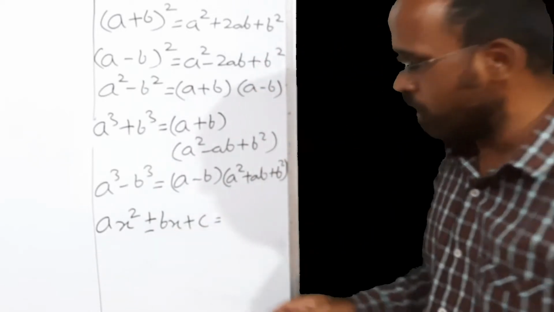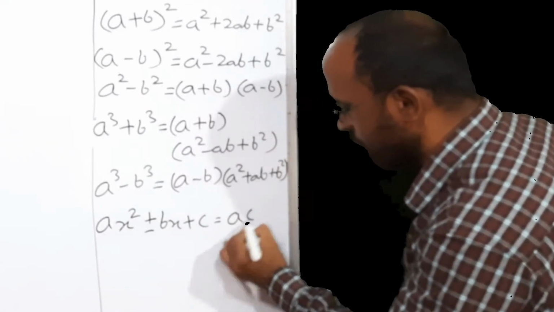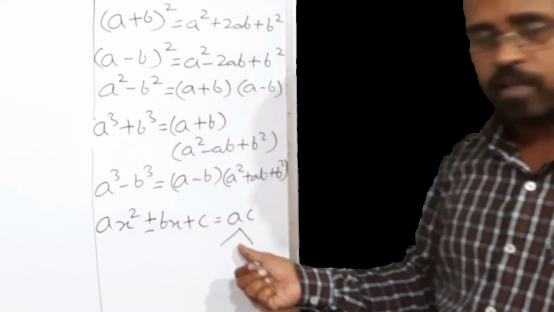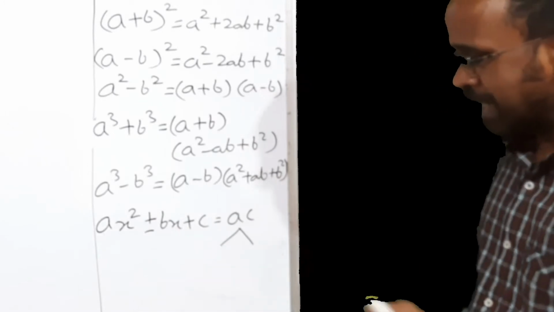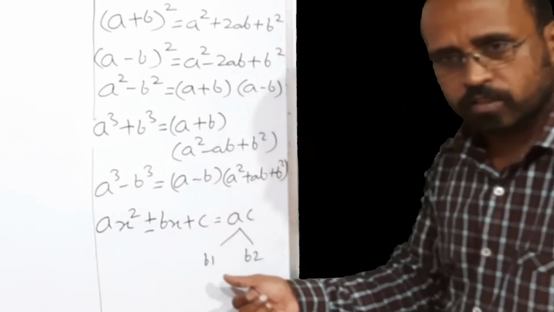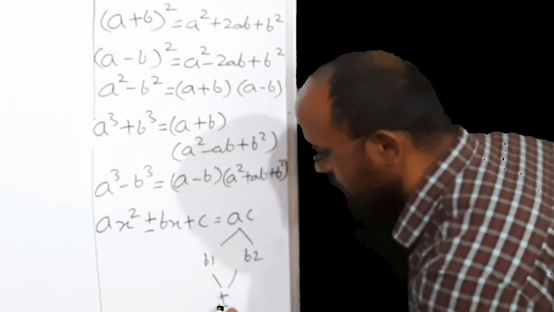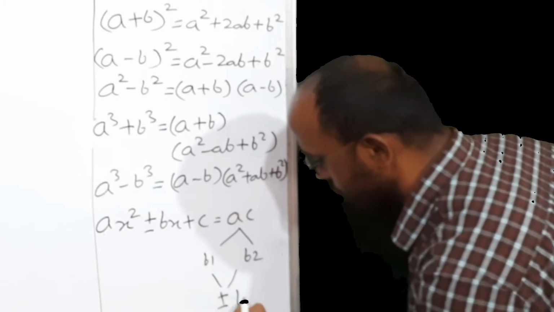What we are doing here is multiplying the coefficients a and c, and finding two factors b1 and b2 such that their addition or subtraction is equal to b.